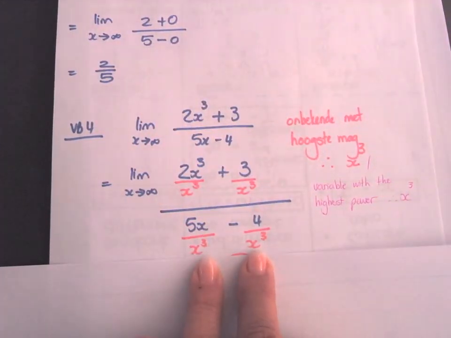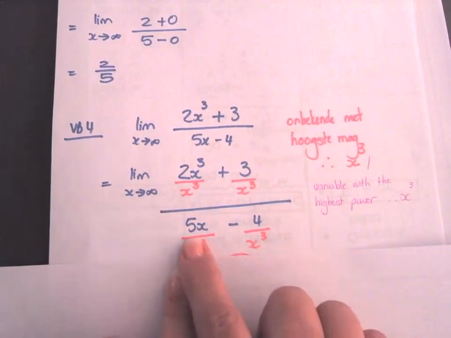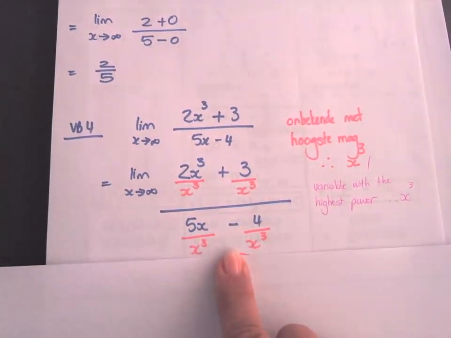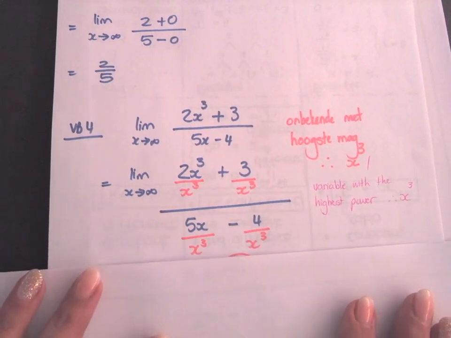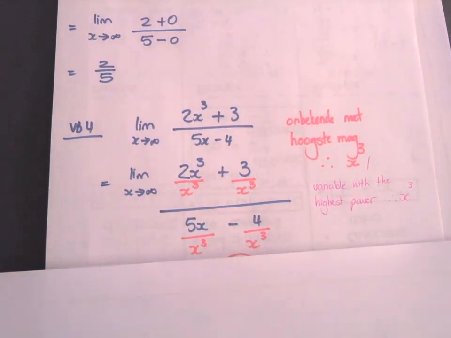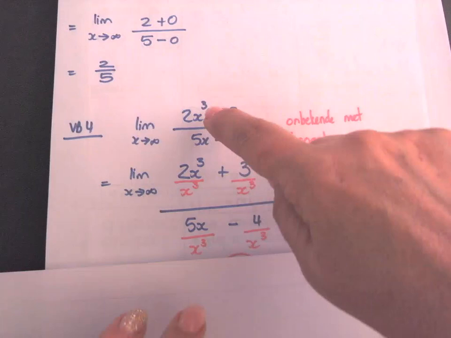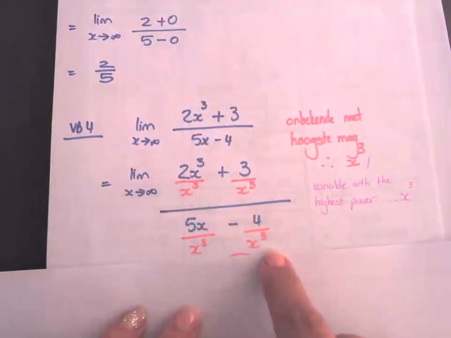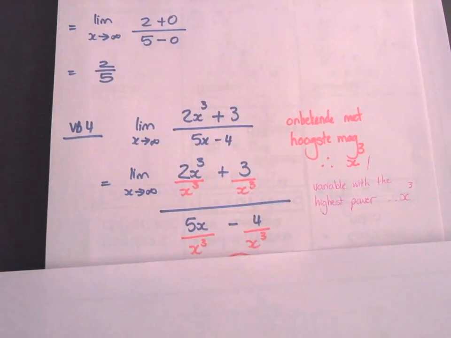This won't work out because I will get 0 minus 0 and divide by 0 gives you an error. So just stop there. This is just to show you that if you have a higher power, you choose the highest power to divide with. Any questions up until here?